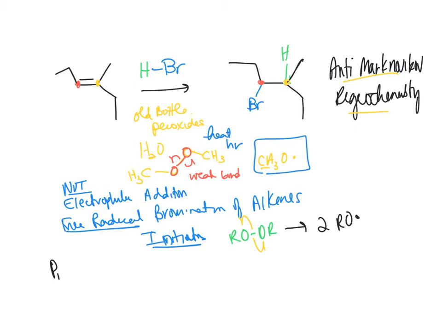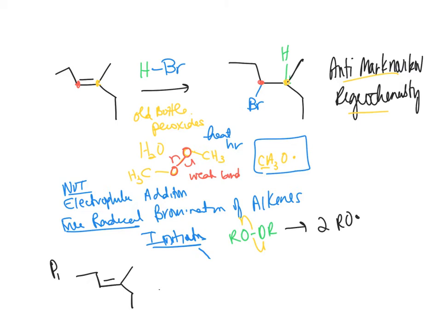In propagation 1, you have your alkene, and you have your new radical. We'll just call it CH3O radical. Now what happens is the free radical can add, no, we're not done. We have 2 initiation steps.